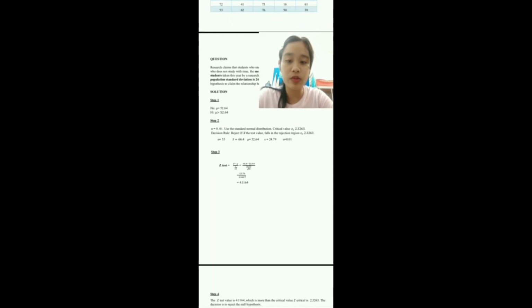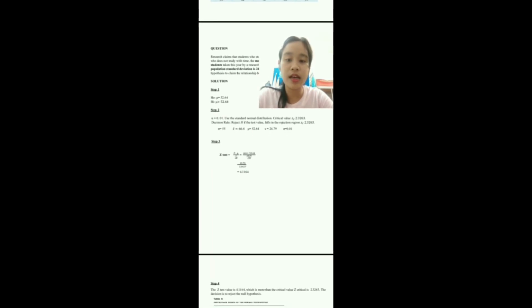For the next step, find the formula, whether it's a Z test or a T test. For this equation we use the formula: x bar minus mean, divided by standard deviation divided by square root of sample size.